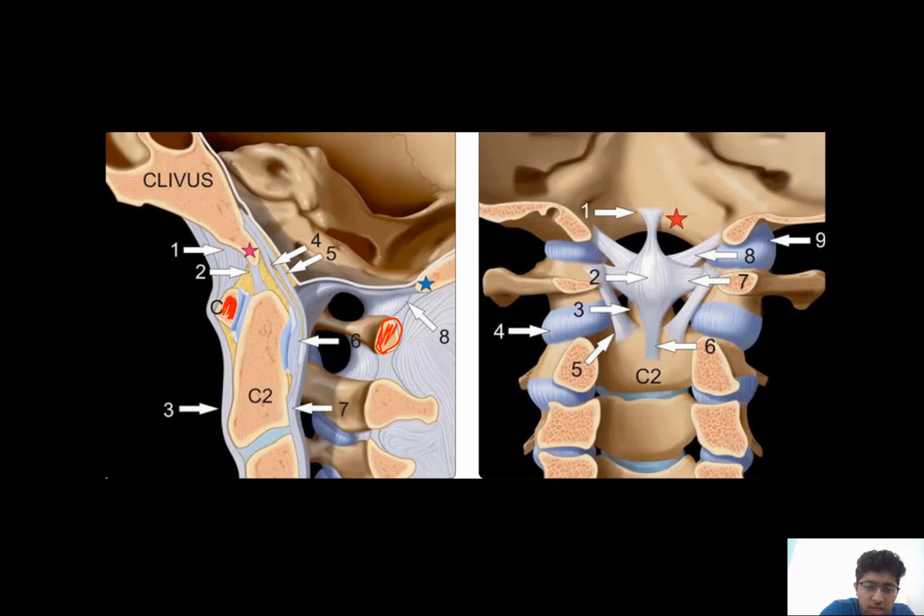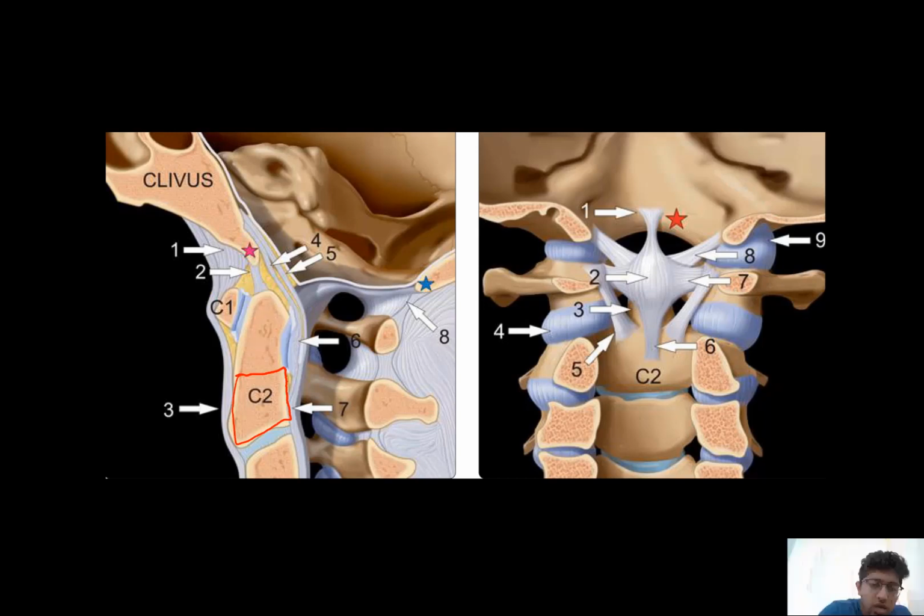This is nothing but the dorsal arch of the C1. Now what we are seeing here is the vertebral body of the C2, and this structure here is the dens, the odontoid process of the C2 vertebral body, which is forming a joint here, and that is the medial atlantoaxial joint.